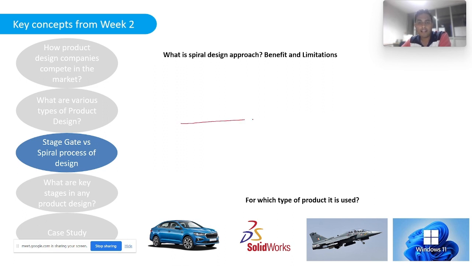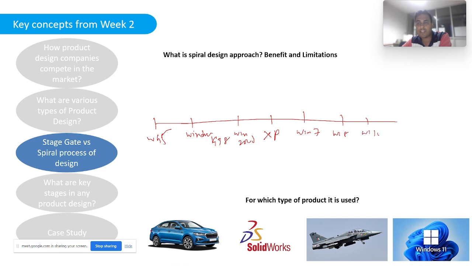So spiral design, let me tell you an example. For example, if you see a product like Windows, what happened? You have Windows 98, then 95 was there before that, right? Then Windows 2000 was there also, XP was there, then Windows 7, then we have Windows 8, Windows 10, 11 till now.